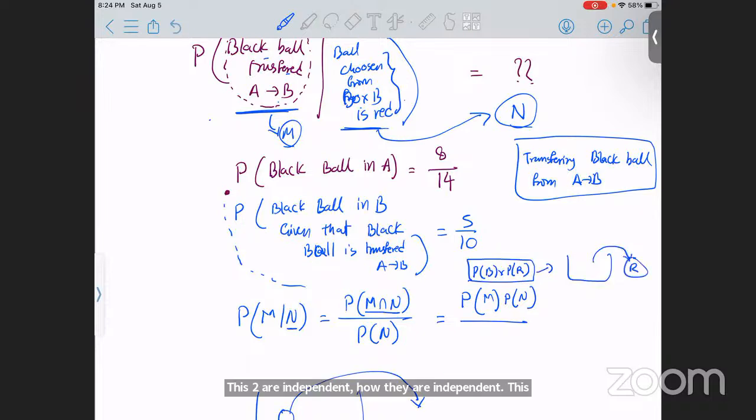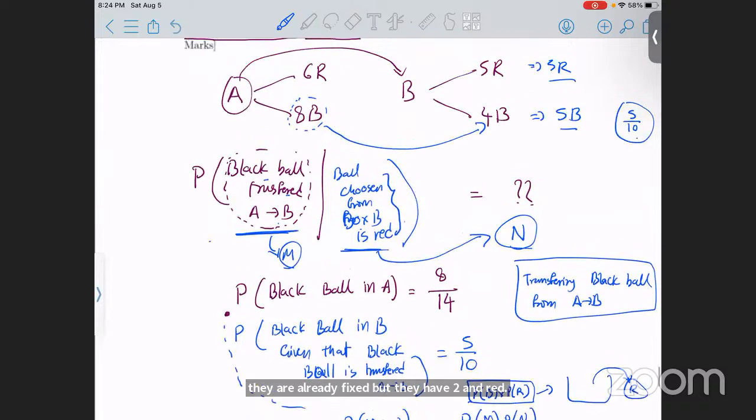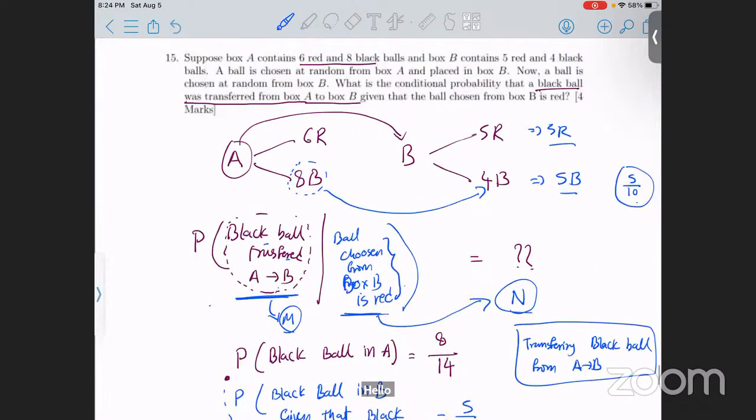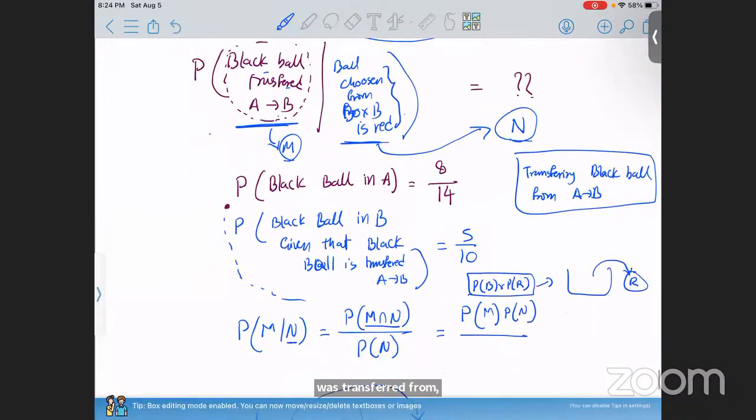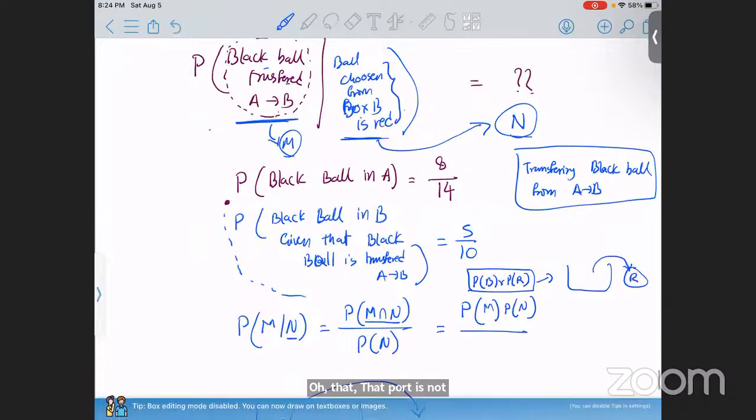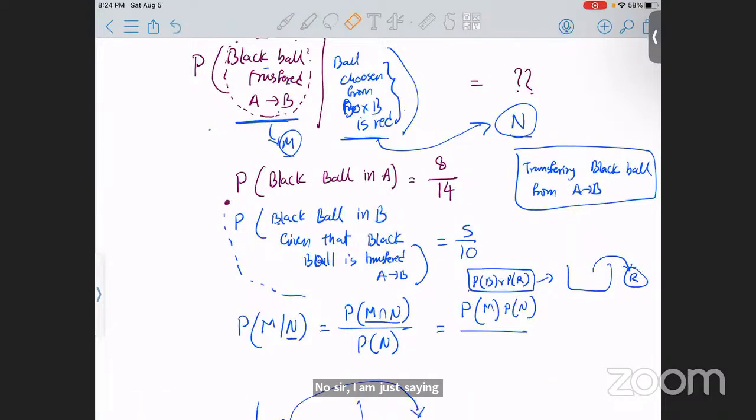But if a red ball was transferred from box A, then it is not independent. You are right, then it is not independent.